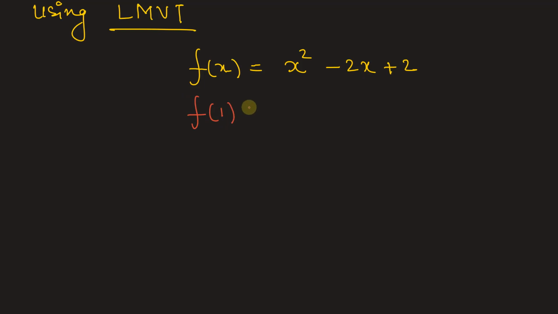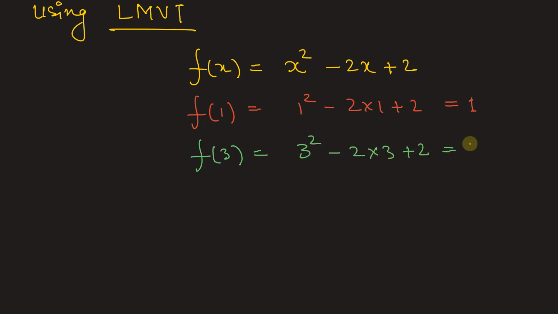F of 1 equals 1 squared minus 2 into 1 plus 2, which is equal to 1. And f of 3 equals 3 squared minus 2 into 3 plus 2, which is equal to 5.